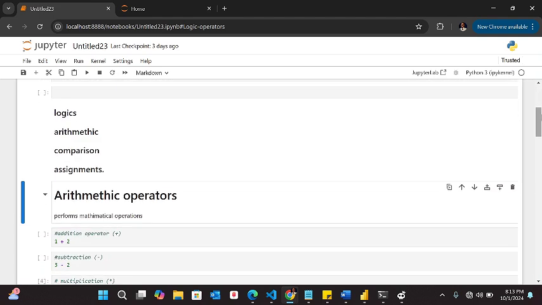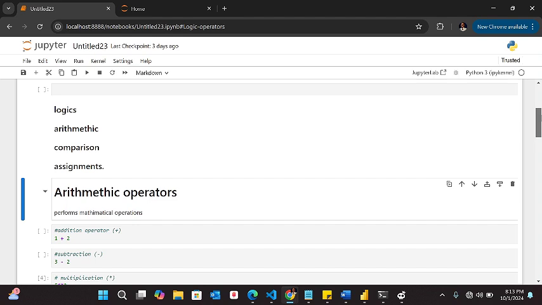Now in Python, we have four major operators. We have the logic operators, the arithmetic operators, the comparison operators, and the assignment operators.